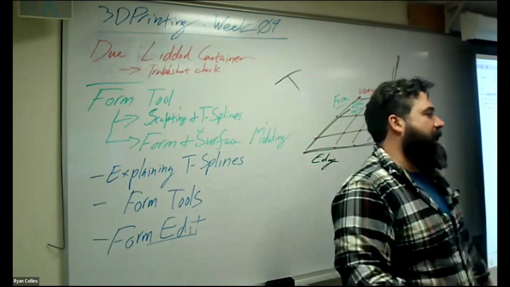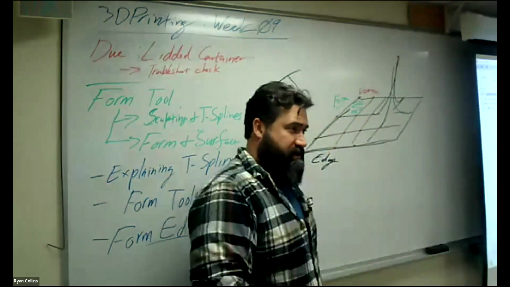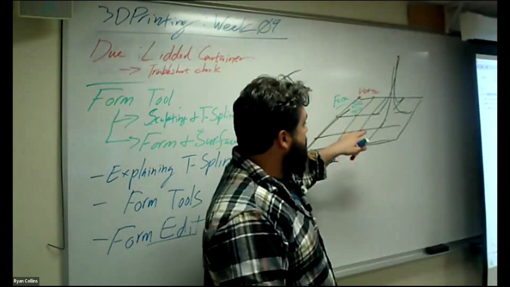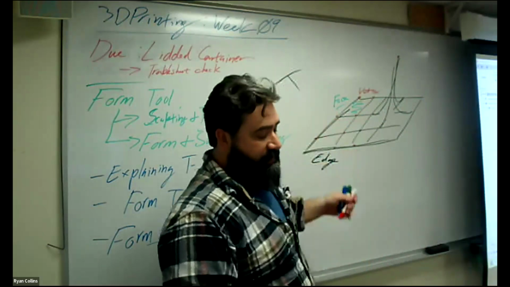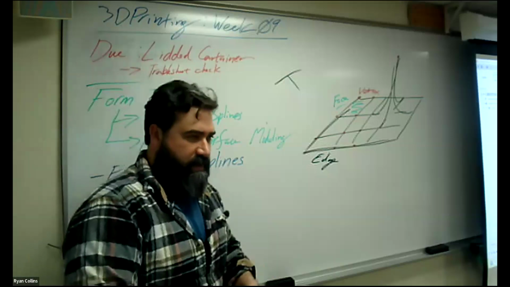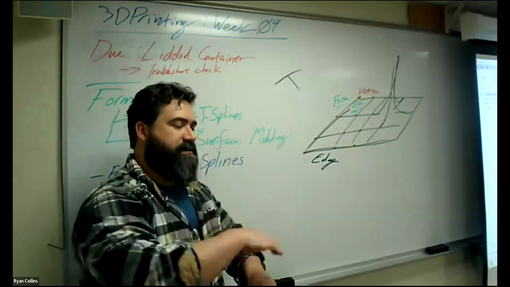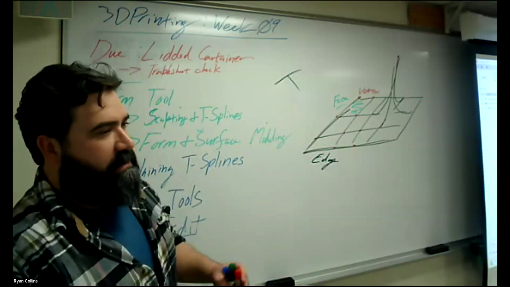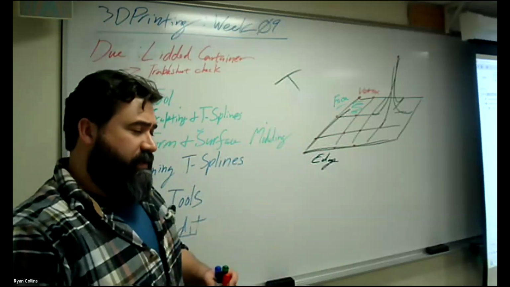But that's essentially how the form workspace, the sculpting workspace, works within Fusion: by manipulating edges, vertices, and the faces that those create. Now, obviously, there's a whole bunch of different ways of manipulating them. There's direct pushing and pulling, stuff like that. There's scaling, there's twisting, you can extrude within, all that kind of thing.